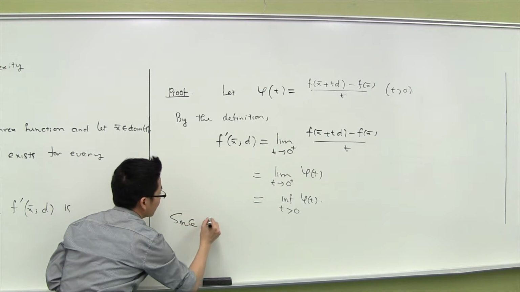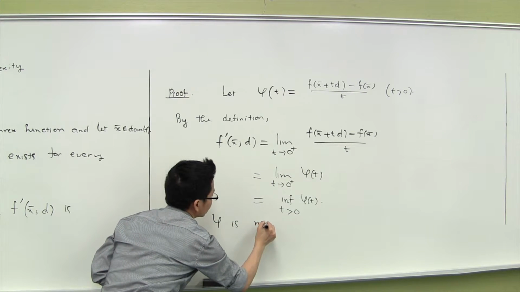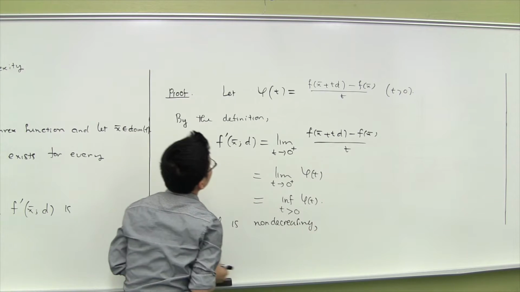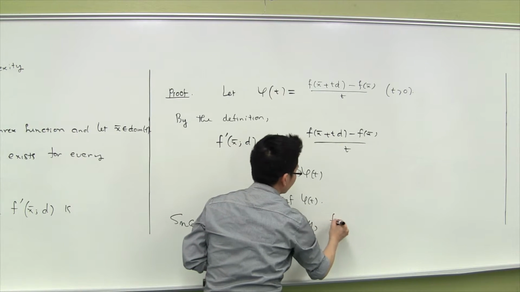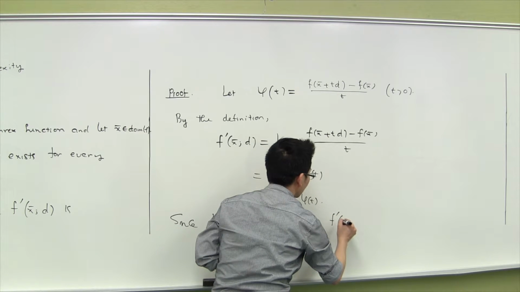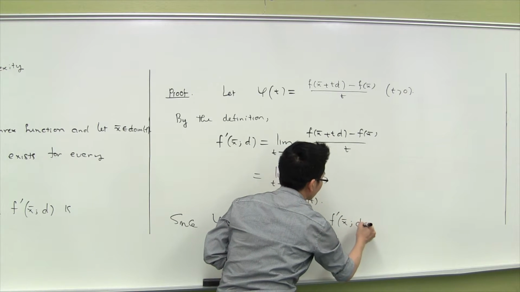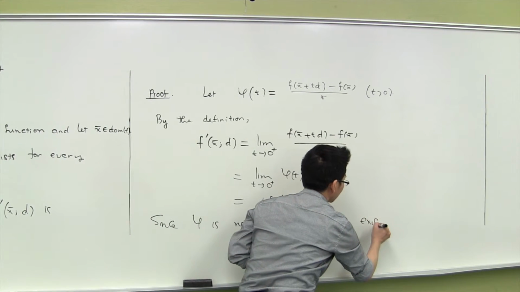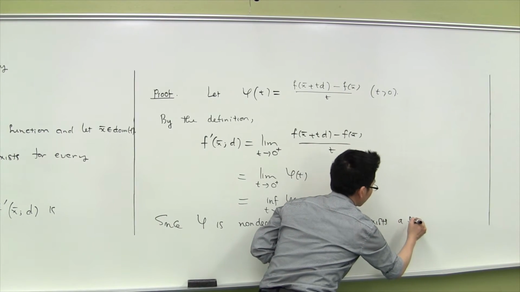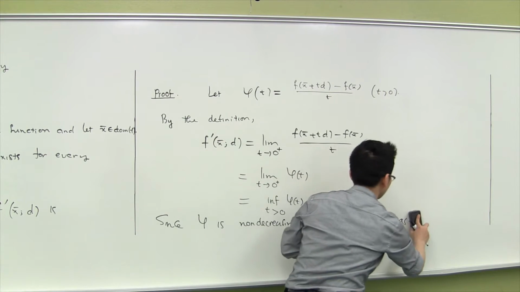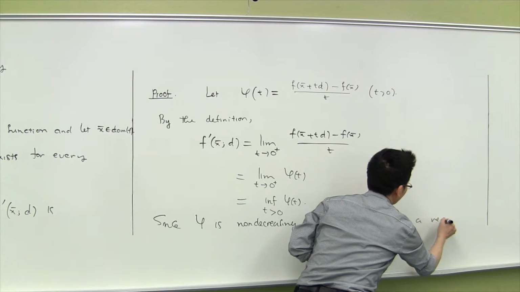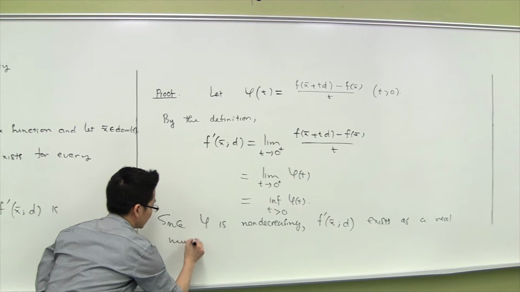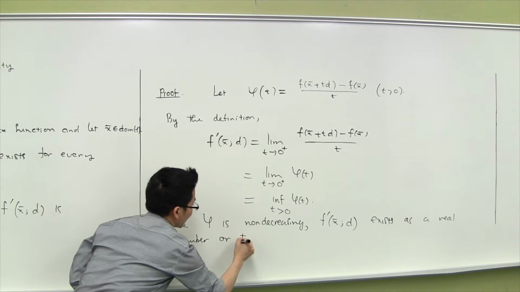Since phi is non-decreasing, f prime of x bar in the direction d exists as a real number or plus or minus infinity.